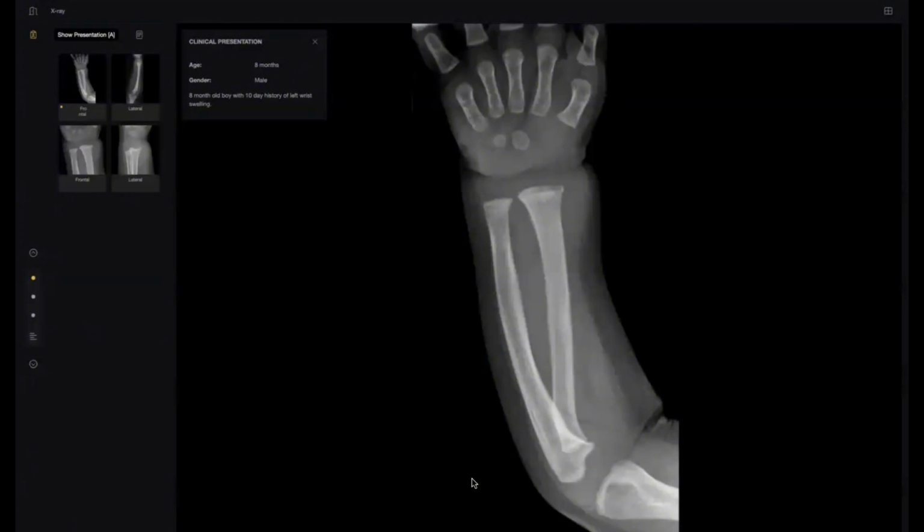No worries, Doctor. This is an 8-month male patient presented with a 1 month history of wrist swelling. I have here a radius, ulna and wrist radiograph of a skeletal immature patient.